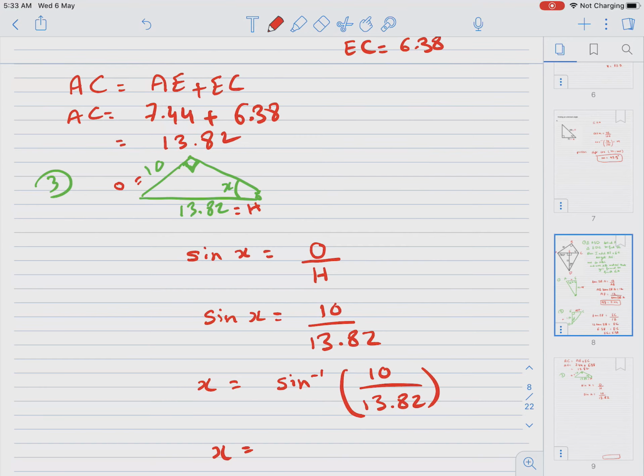You calculate X by the calculator. Again, as I told you, shift, then sine, then 10 divided by 13.82, and close the bracket, and then equals. And this will give you 46.4 degrees.